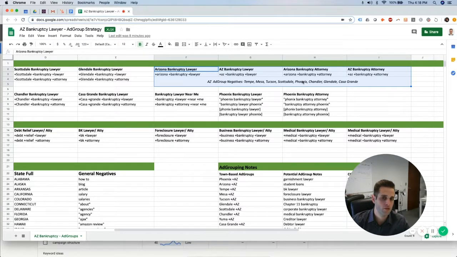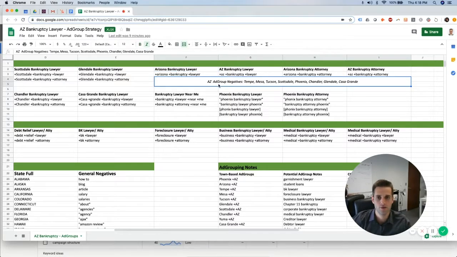And the problem you would run into is if you just turned on these Arizona bankruptcy lawyer ad groups, you would occasionally end up pulling in town-specific keywords like Glendale, Casa Grande, Chandler, Scottsdale, because Google would pick up the words Arizona bankruptcy lawyer, and then someone could also type in one of those specific towns, which would completely go against the reasoning for building out all these separate ad groups based on location.